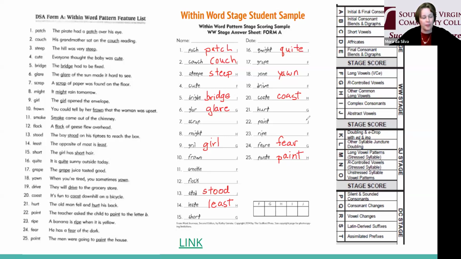When you're working with students, put into ChatGPT the actual mistake, like they spelled PACH for PATCH, and go from there. When you add too much at one time, like all abstract vowels, that can be too much.